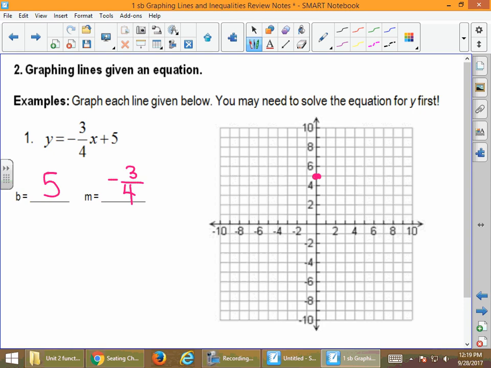And from that point, then, we're going to do the slope, which once again is rise over run. From that point, I'm going to go down 3, to the negative 3, and right 4. And then I'm going to do it again. Down 3 to the right 4.